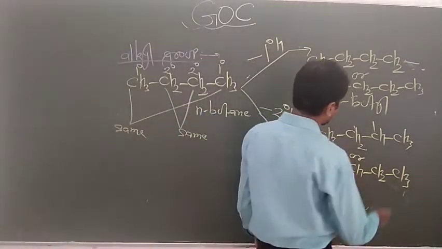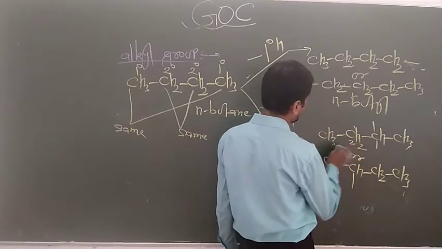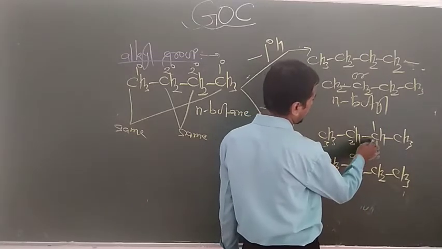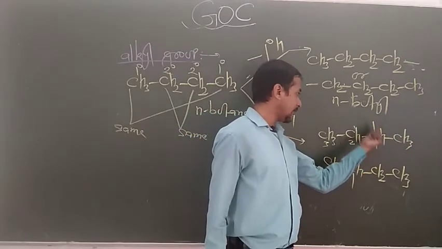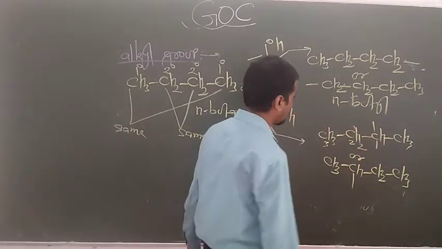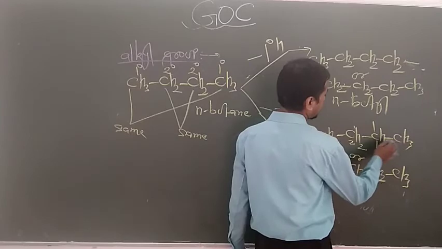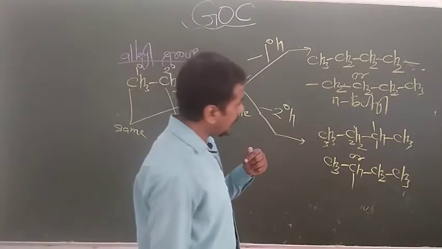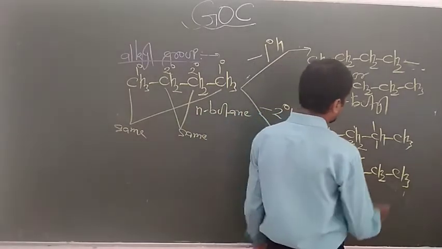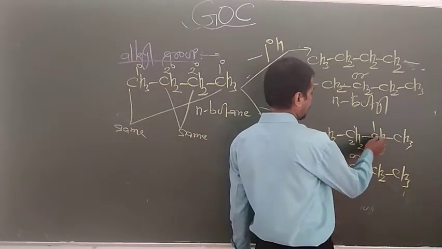Now when you look at here, 1, 2, 3. I told you, numbering is always done in case of this type of group from that carbon from which H is removed. So now methyl branching occurs at the third last. That's why this is not an iso group, but this carbon is 2 degree and attached to 2 carbons.